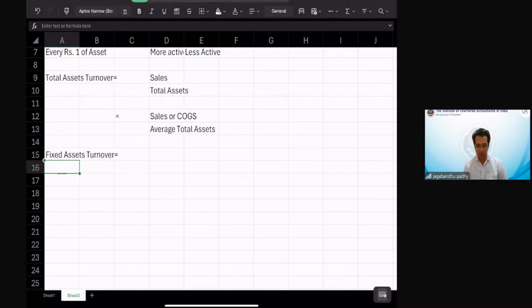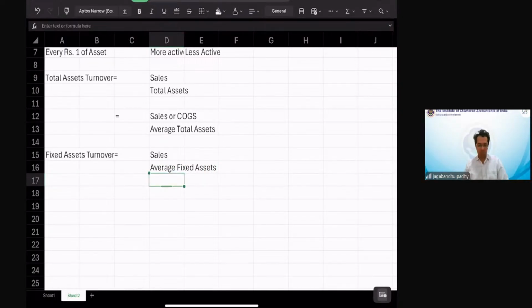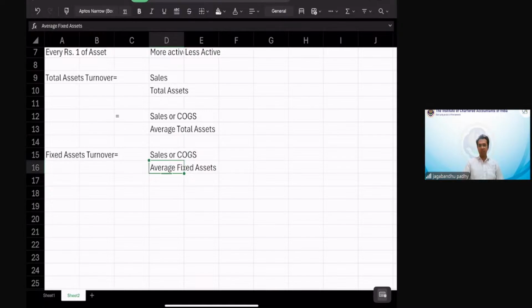Sales upon average fixed assets. Perfect. Absolutely correct. So that's going to be sales upon average fixed assets. Or you can also say that this is going to be sales or COGS on average fixed assets, right?